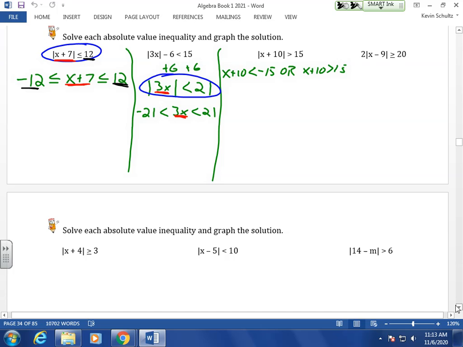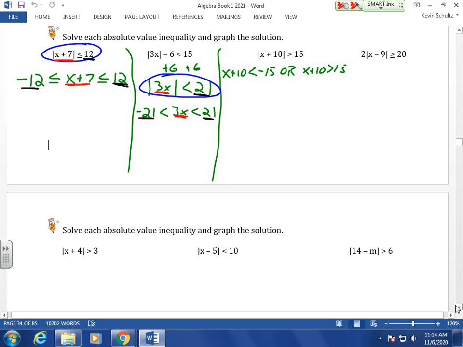So negative 12 on the left, positive 12 on the right, x plus 7 in between. The absolute value of 3x is less than 21. Negative 21 on the left, positive 21 on the right, and then 3x is in between. Okay, so if you are a patterns type of person, a formula type of person here.